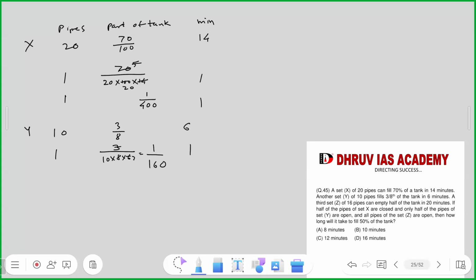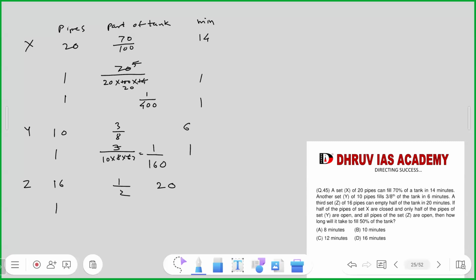Now see, this Z is emptying. That means it is doing negative work, so we have to keep it in mind to assign a minus sign there. So for Z, how many pipes? 16 pipes can empty one half of the tank in 20 minutes.